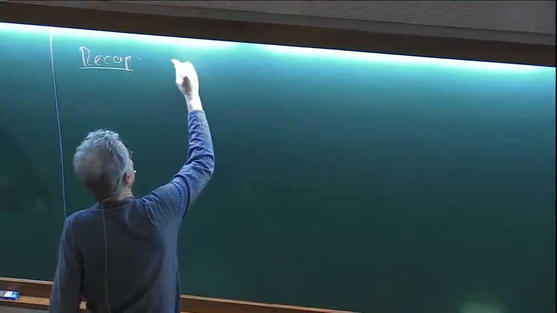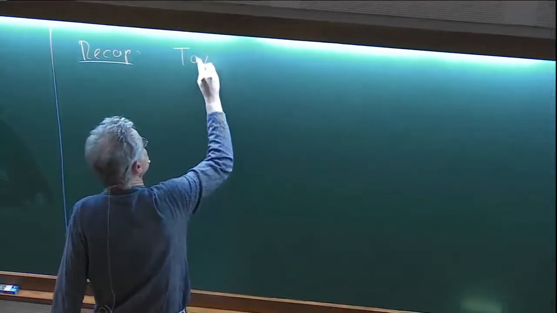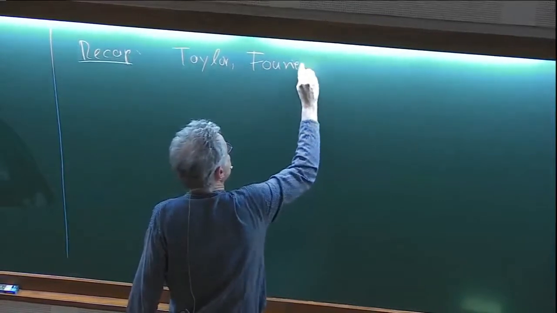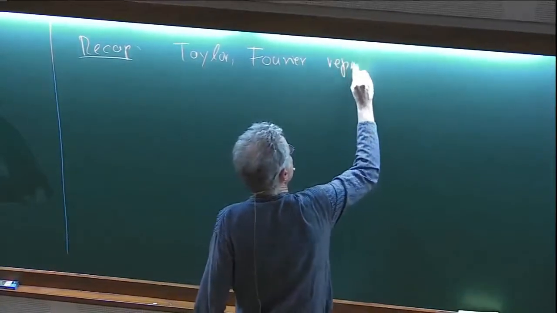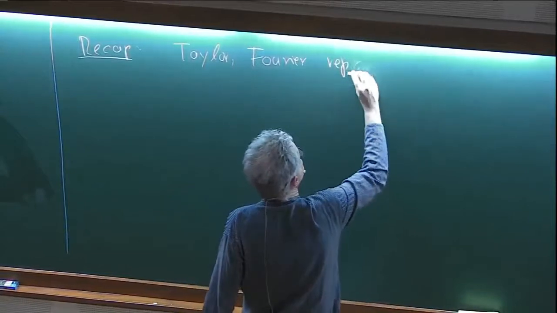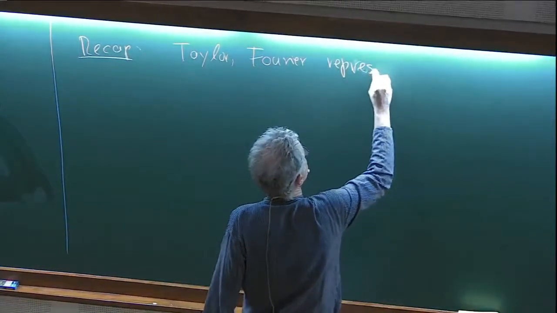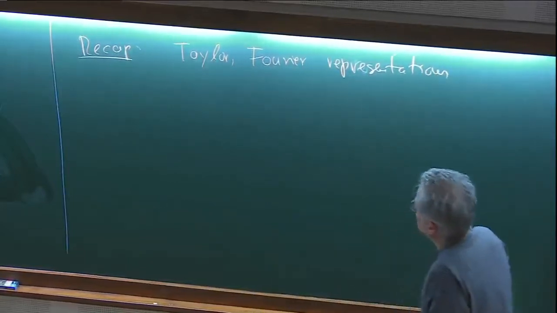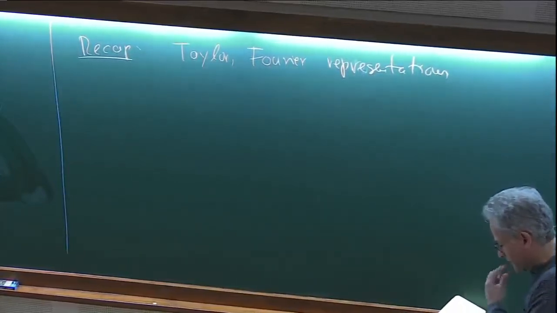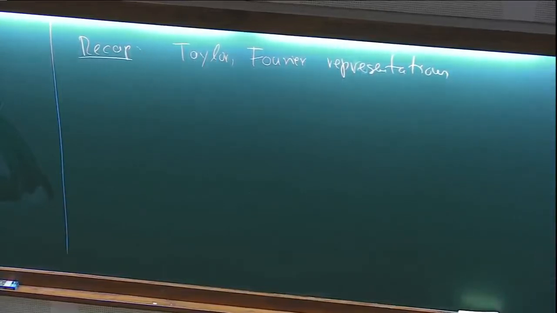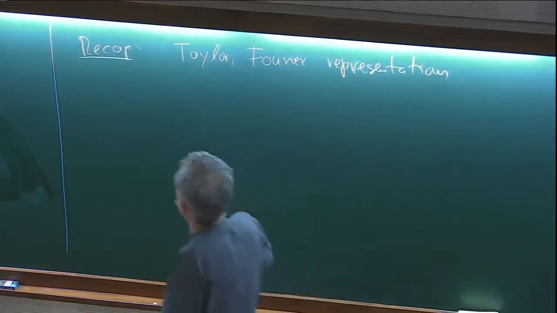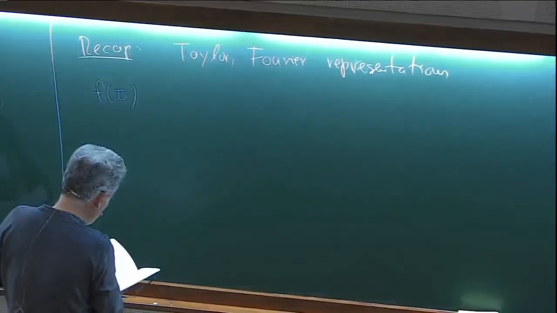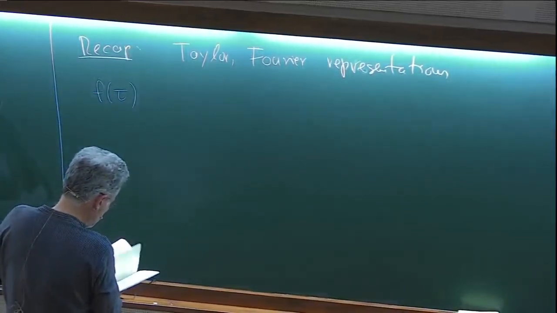We had these, what I call the Taylor and Fourier representations. And I think maybe just to clarify this a little bit more, let me write them down again in the way that I did yesterday.